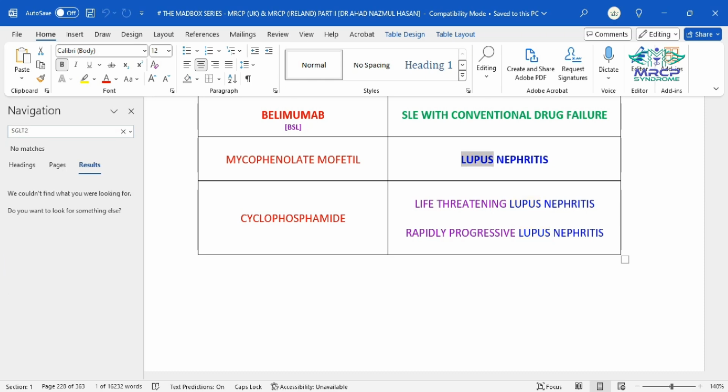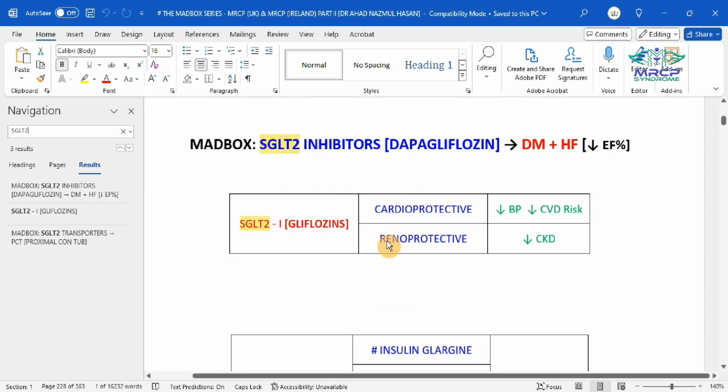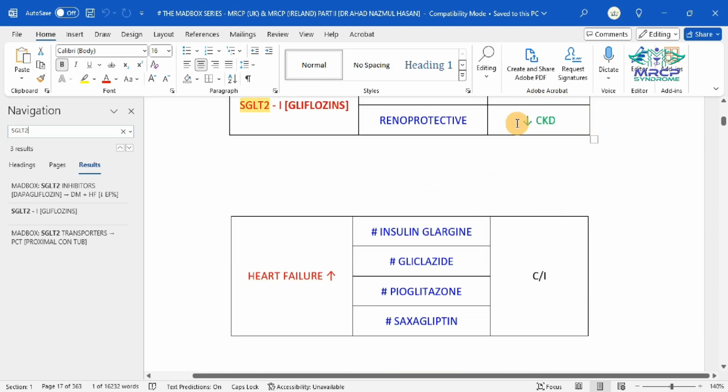Whenever the patient comes up with the features of diabetes plus heart failure, especially with low ejection fraction heart failure, or with the features of CKD, we'll be starting with the SGLT2 inhibitor, since they have both a cardioprotective effect as well as a renoprotective effect. They usually cause a reduction in the blood pressure. They also reduce the risk of cardiovascular disease. They also reduce the risk of progression to CKD.